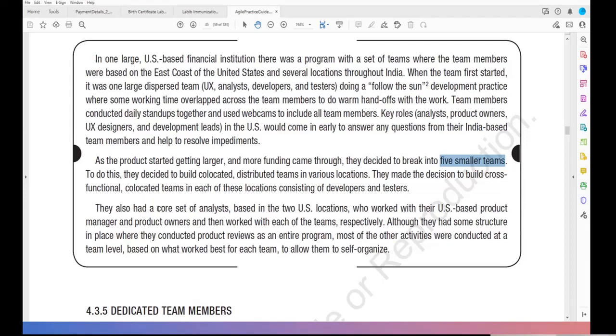They also had a core set of analysts based in the 2 US locations who were their US-based product managers and product owners, who work with each of the teams respectively. Although they had some structure in place where they conducted product reviews as an entire program, most of the other activities were conducted at a team level.